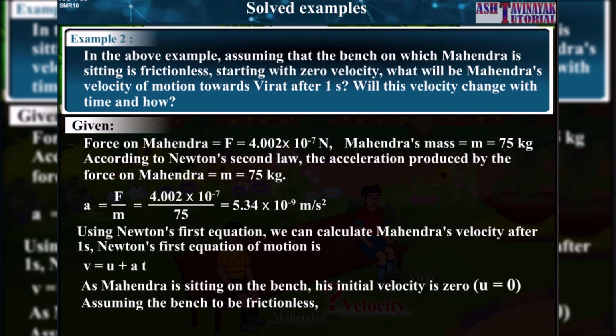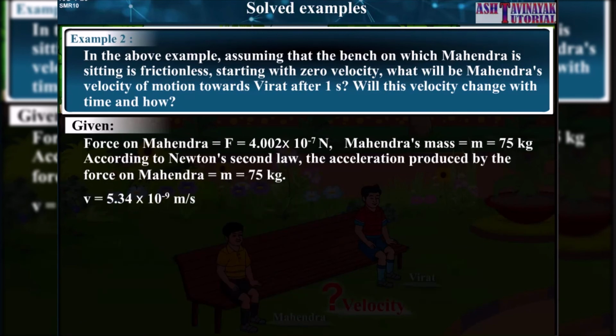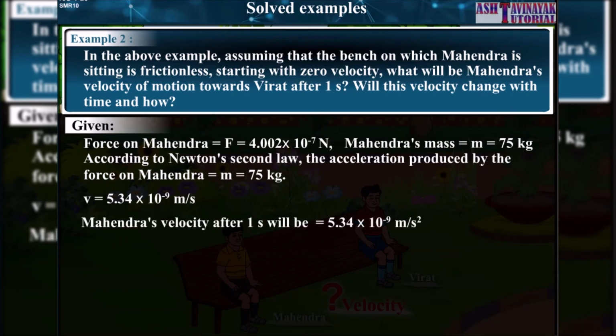Assuming the bench to be frictionless, v is equal to 0 plus 5.34 into 10 raised to minus 9 into 1 meter per second. So v is equal to 5.34 into 10 raised to minus 9 meter per second. Mahendra's velocity after 1 second will be 5.34 into 10 raised to minus 9 meter per second.